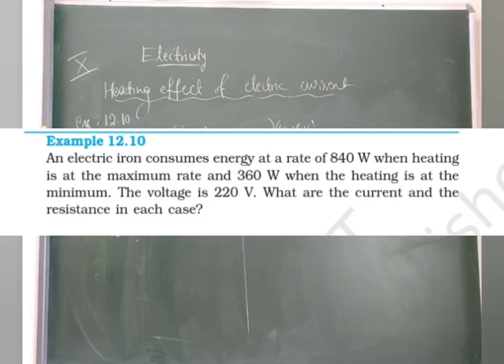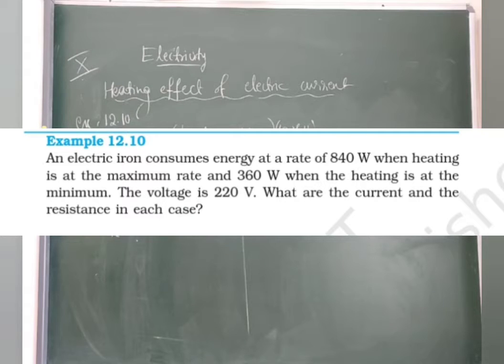An electric iron consumes energy at a rate of 840 watt. Watt is a unit of power, right? As we already learned in the derivation, energy given to the source is nothing but P into T. Here they are giving the value of power.